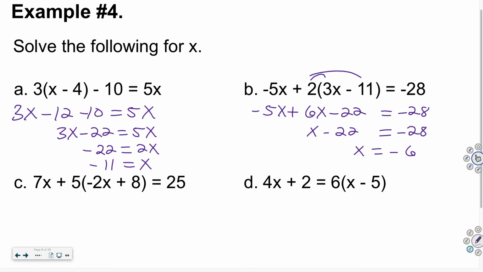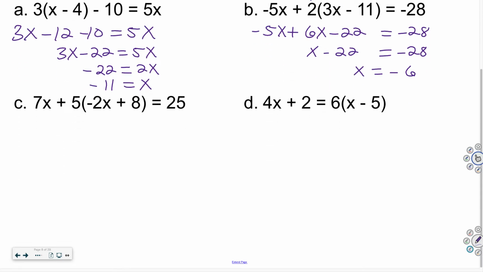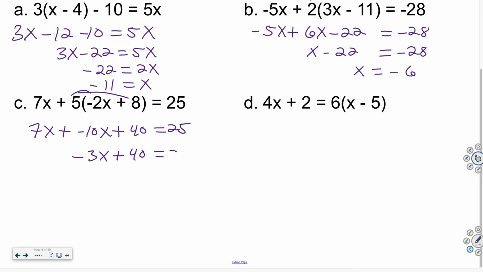Okay, here we go, part C. I'm going to distribute the 5. 7x plus negative 10x plus 40 is equal to 25. 7x plus negative 10x is negative 3x, plus 40 is equal to 25. Subtract 40 from both sides. Get negative 15.